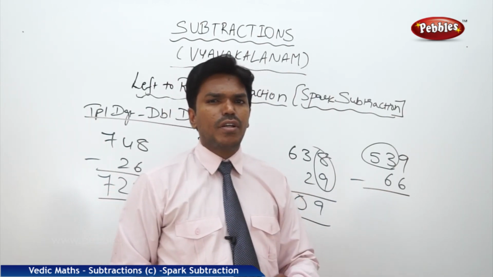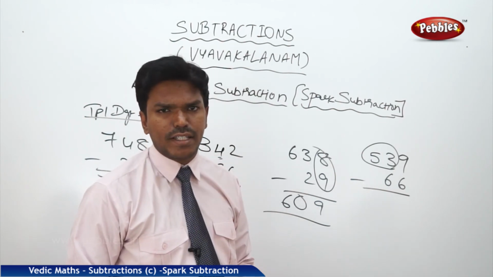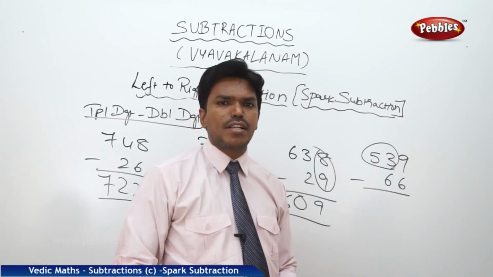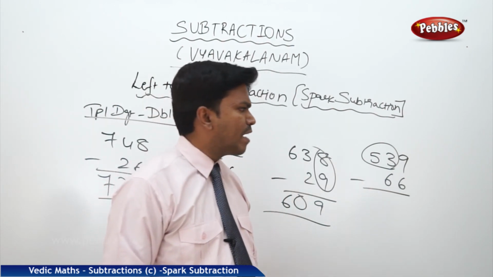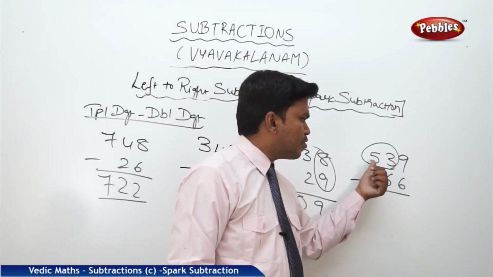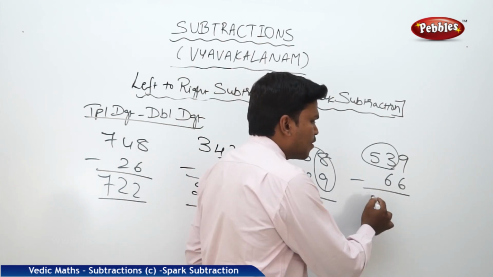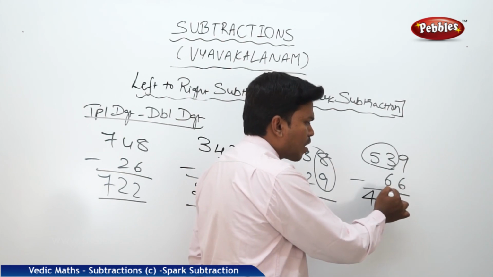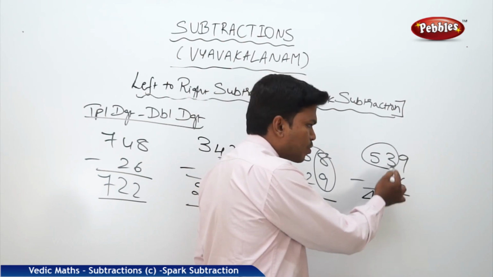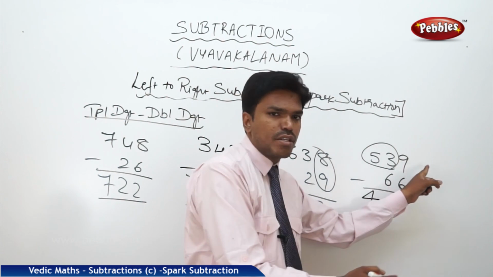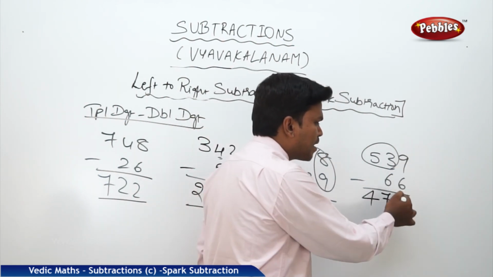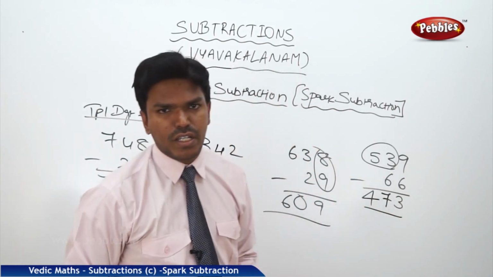Or if you think it is a little hard to do like that, you can take 53 minus 6 directly and tell the answer as 47, or otherwise just drop the first number 5 as it is. The next numbers are mismatched, so 5 becomes 4. 3 plus complement of 6 is 4, so 3 plus 4 is 7, but the next numbers match, so 7 becomes 7 only. 9 minus 6, 3, so your answer is 473.